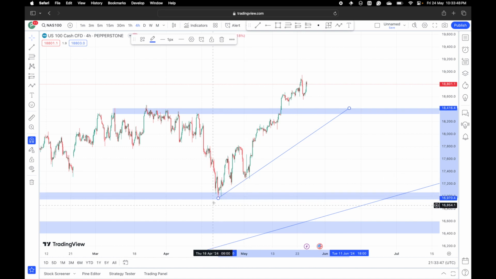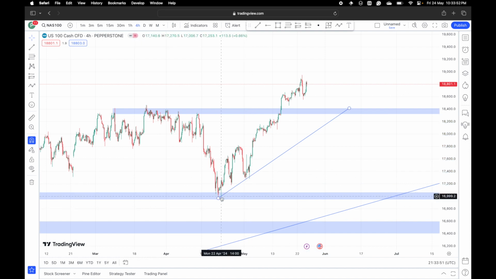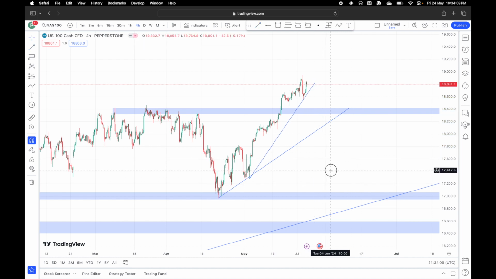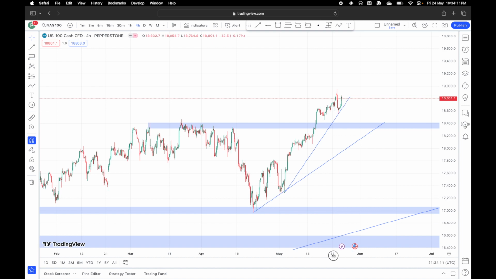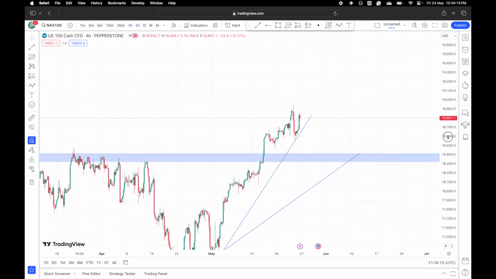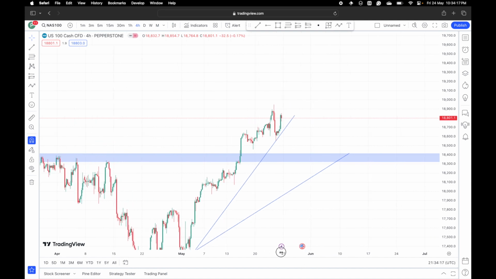You can also say first, second, third, and fourth touch, but I would count these two touches as one, then second and third touch here. So same thing, and then we can also draw another trend line, touching the new low created today. This is what we have on the 4-hour time frame.